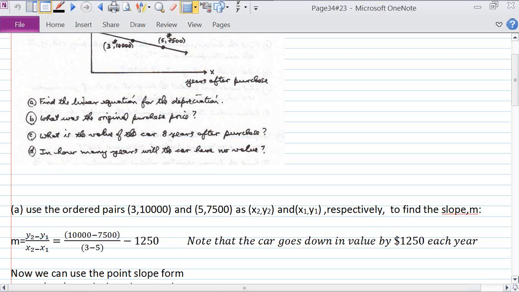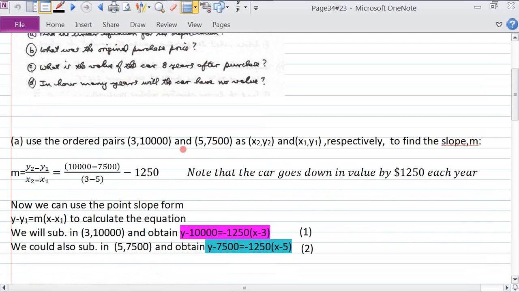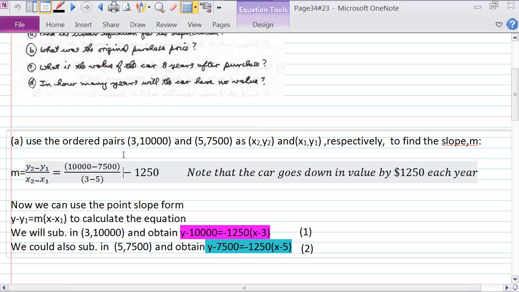So if we calculate M and we do the difference in the Y's, 10,000 minus 7,500 over 3 minus 5, we get this, and you can see that this equals minus 1,250. There's a slight error here, so I'm just going to correct this and put an equal sign in.